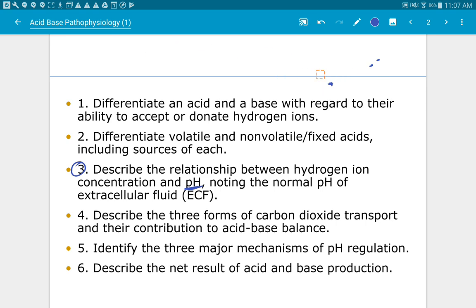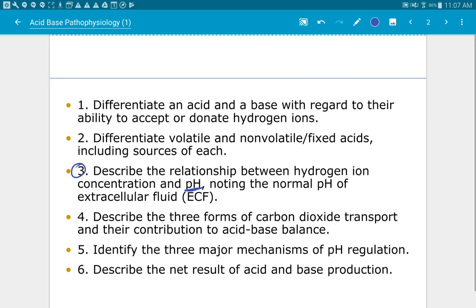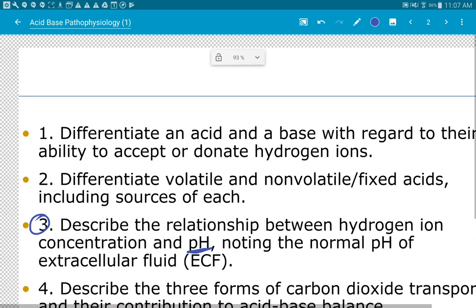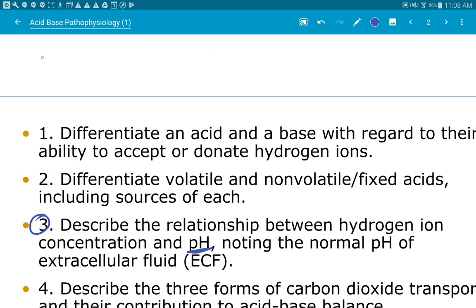I like to draw sometimes, so I'm going to draw on the upper part of the screen. I'm going to make little hydrogen ions here. If I have a solution that has a whole bunch of these hydrogen ions in there, and I compare that to a solution that only has a few hydrogen ions, pH is sometimes confusing, but I want to make sure this is clear.